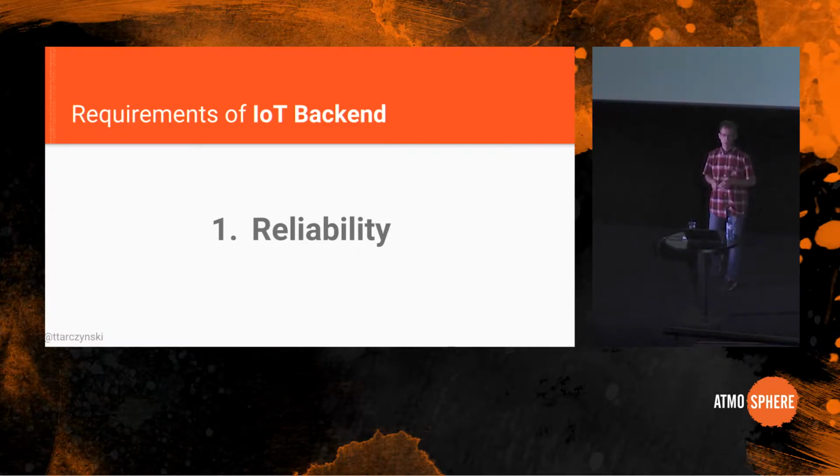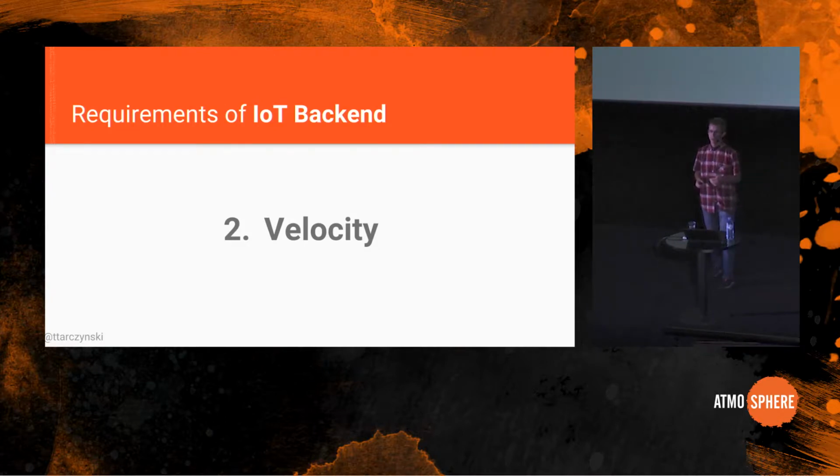And another requirement here is velocity. To compete in this smart home market, we need to provide new features really frequently, do it fast. It means providing new sensors, new devices to our users, and new functionality in front-end applications. To do this, our backend platform also needs to evolve rapidly.